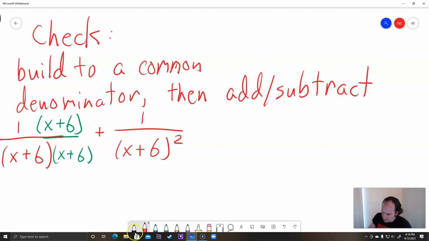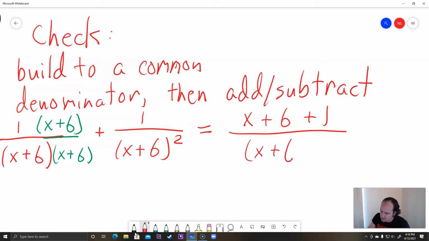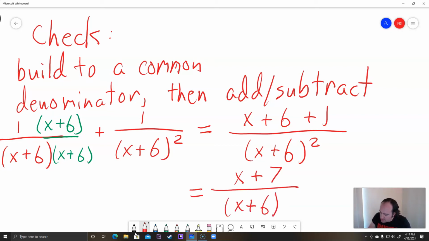So like here, what do we get? Well, now that they have the same denominator, on the top we're going to have x plus 6 plus 1 all over the denominator, which is (x plus 6) quantity squared. And x plus 6 plus 1 is x plus 7. So we get (x plus 7) over (x plus 6) quantity squared.